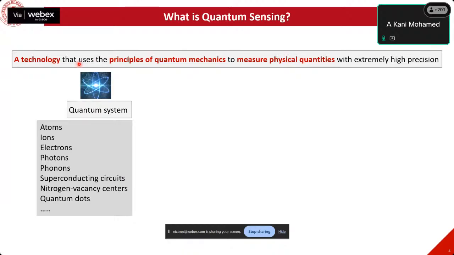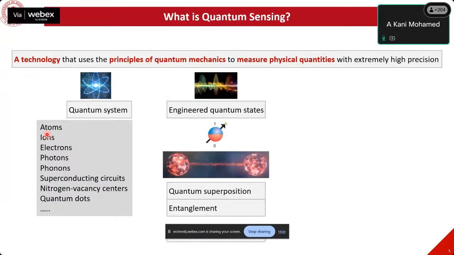It can be atoms, ions, electrons, photons, phonons, or solid-state quantum systems such as superconducting circuits, nitrogen vacancy centers, quantum dots, and anything that follows quantum principles. This also involves engineered quantum states such as a quantum superposition state or quantum entanglement.